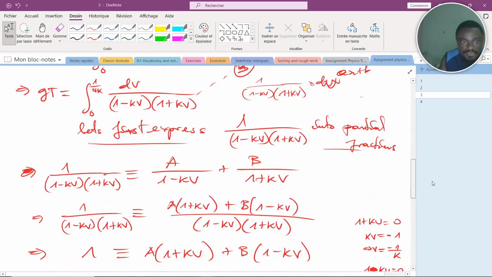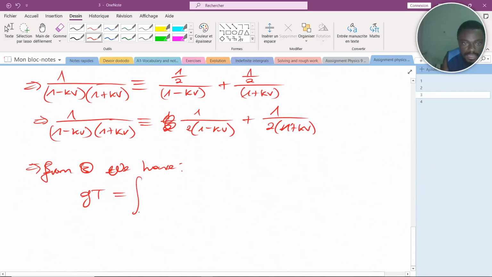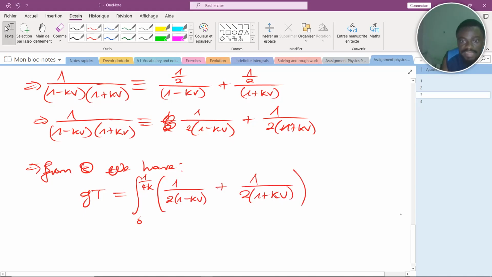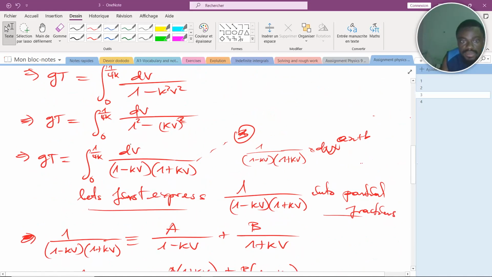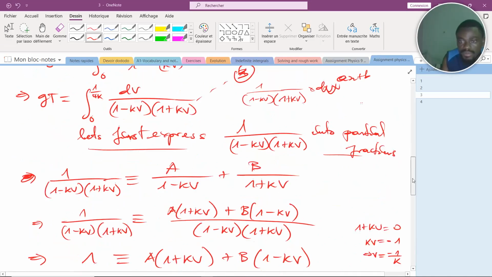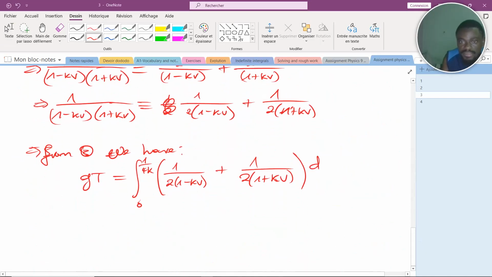We are going to have the integral from 0 to 1 on 4k into, we are going to substitute this by this, 1 all over 2 into 1 minus kV plus 1 all over 2 into 1 plus kV. Is that okay? All that times dV.